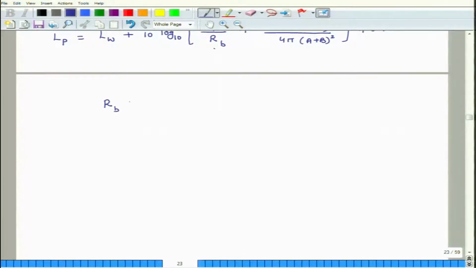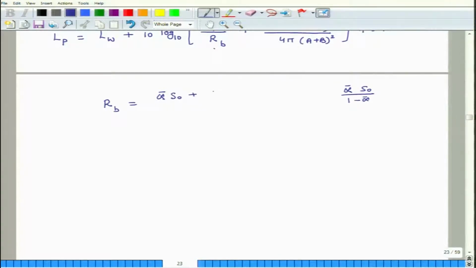So, RB is equal to, so the original relation was what? R was equal to alpha bar S naught divided by 1 minus alpha bar, this was the original relation. But now we have some extra reflecting surfaces, so I have to account for that. So, it is now alpha bar S naught plus I have some more surface.